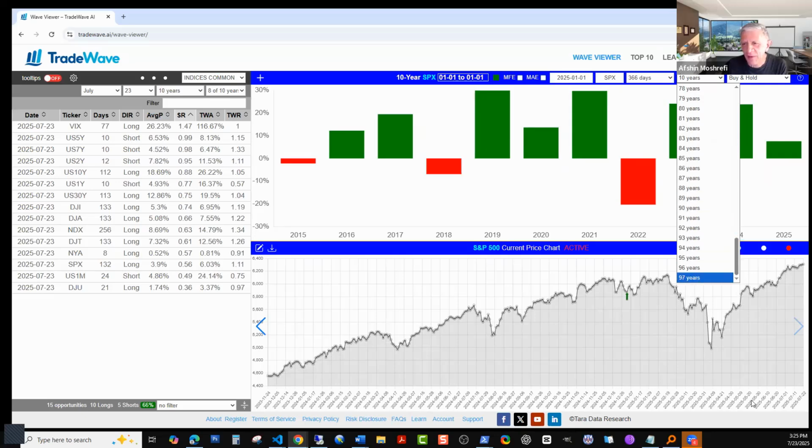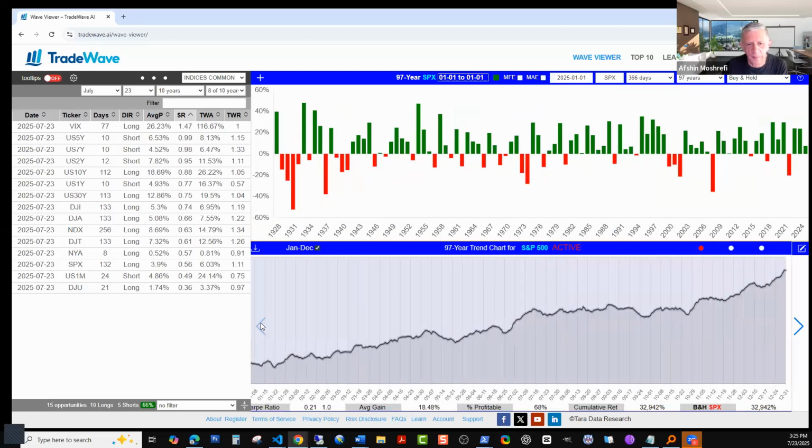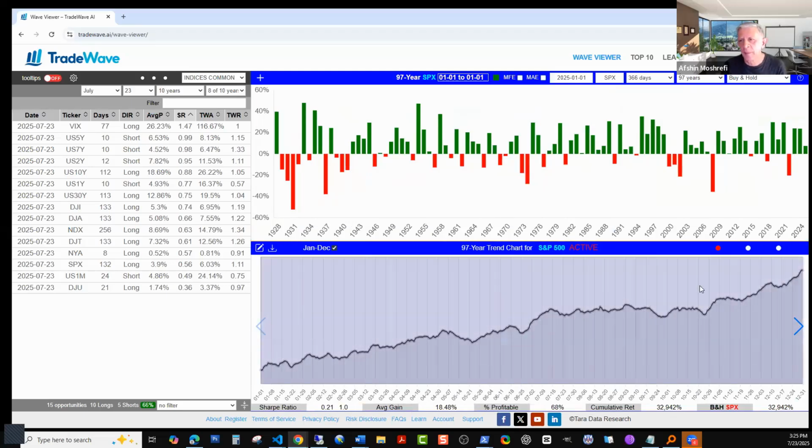We have 97 years of data here. And look at that. You can see that 68% of the years were bullish. And the other 32% of the years were bearish with losses.